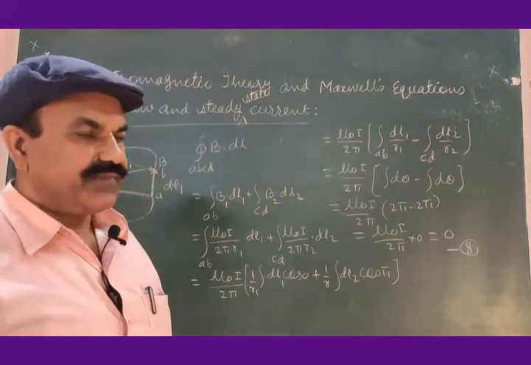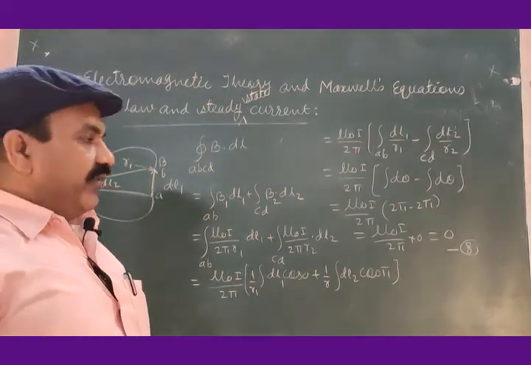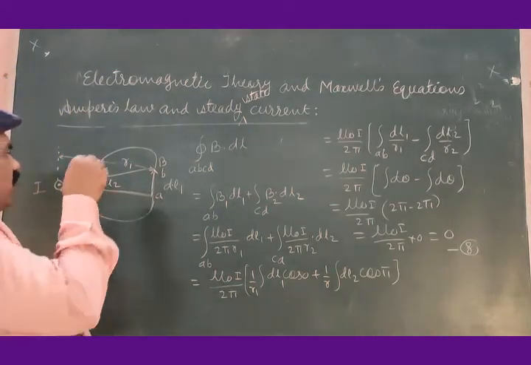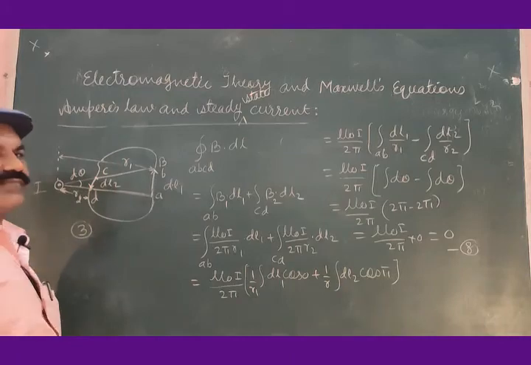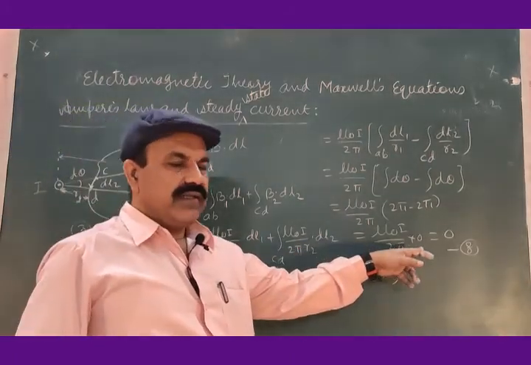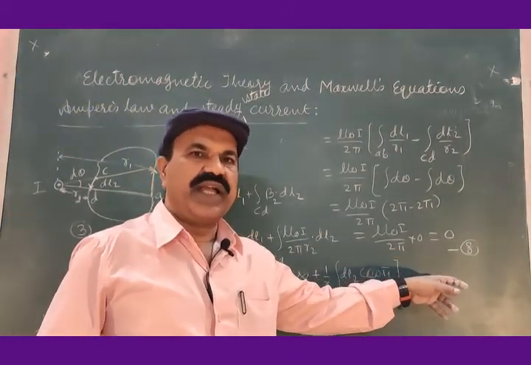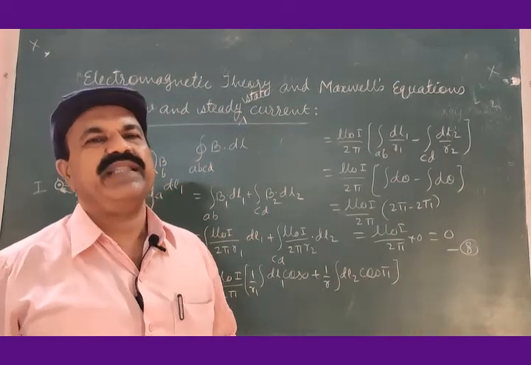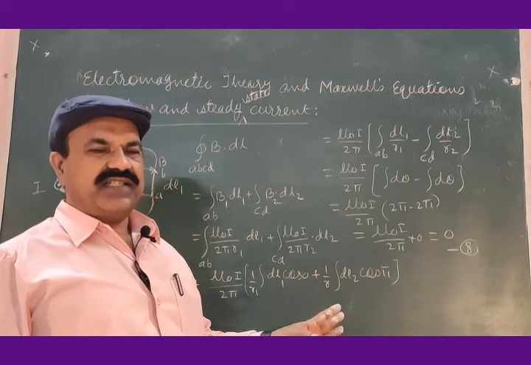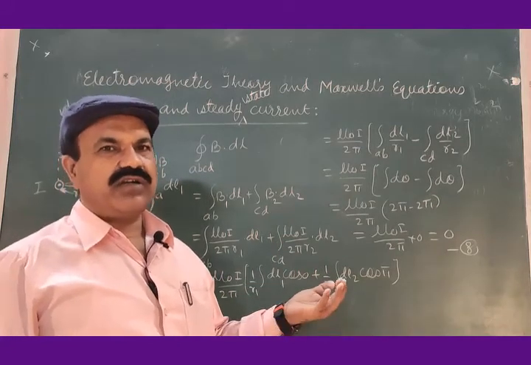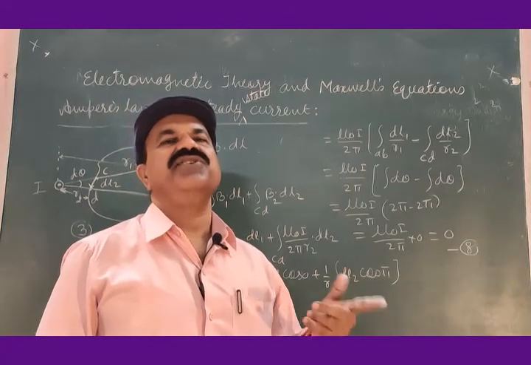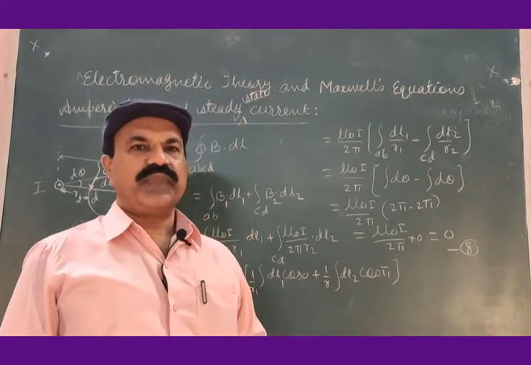So what we find? We find that whenever the closed path is not enclosing the current, the line integration of the magnetic induction around the closed path is 0.